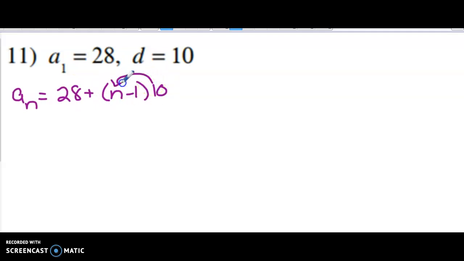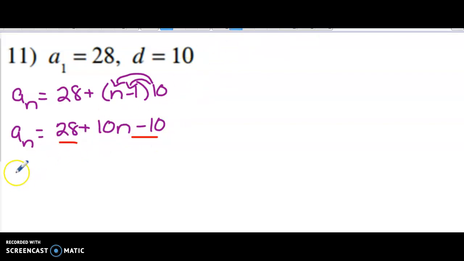So if I use my distributive property here, I end up with a sub n is equal to 28 plus 10n minus 10. If I combine my like terms, I've got 28 minus 10. So a sub n is equal to 18 plus 10n. That's my explicit formula, and we did the first 5 terms.